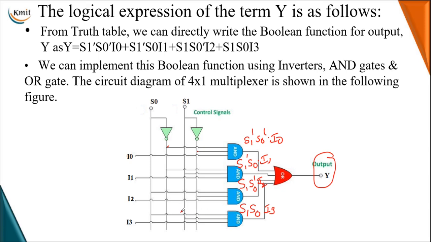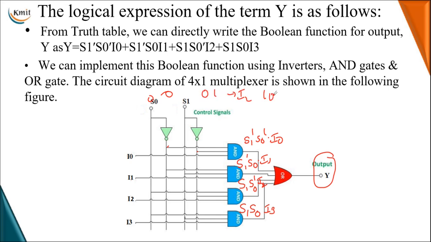So we have connected two input lines from S1 and S0 without complement, and one of the inputs of the AND gate is I3. Now based on the selection lines, if it is 0 0, I0 is transferred to the single output terminal. If it is 0 1, I1 is transferred.